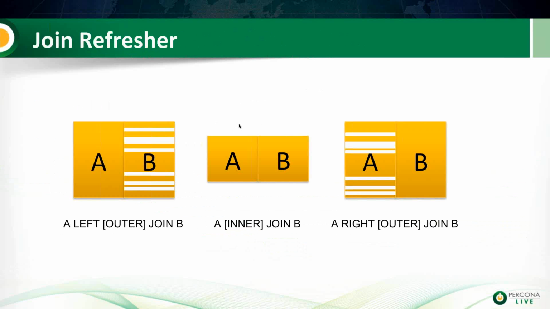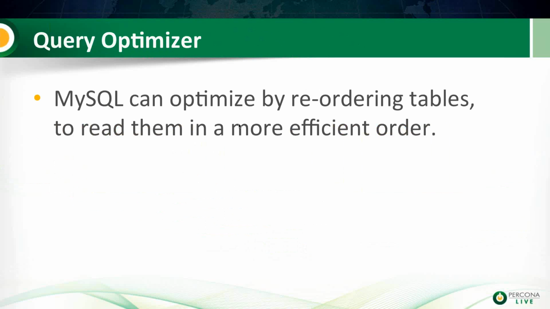And right outer join is just the flip of that. Right outer join is where we want all the rows from table B, but where there is no match, give us nulls in lieu of table A rows. So that's just to make sure that we all have a common understanding of that.